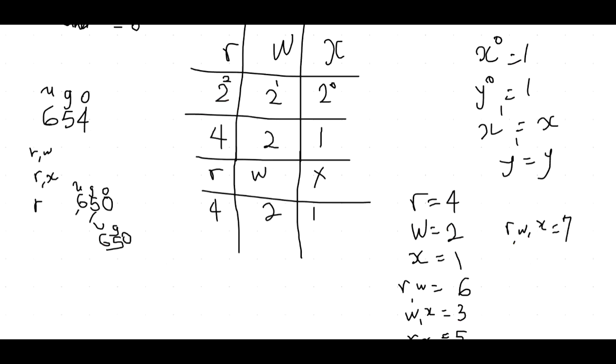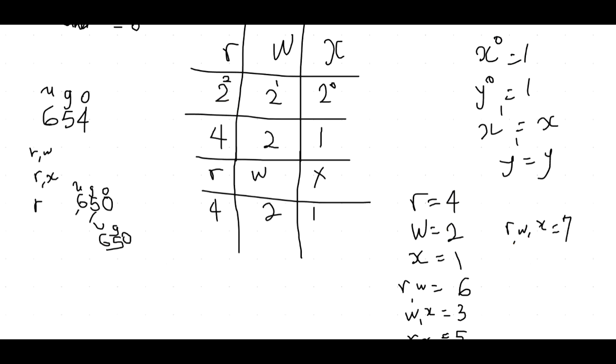Read, write, execute. 4, 2, 1. If you want to bother yourself about how we get these numbers, then leave the first two rows and focus on the last row. Just know that read, write, execute is 4, 2, 1.